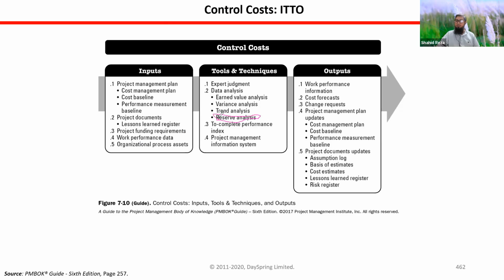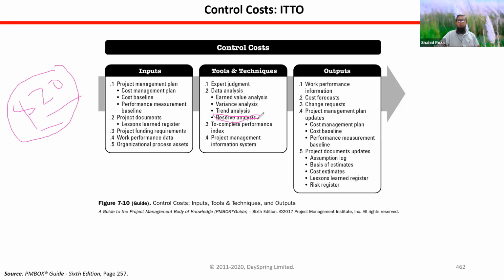Reserve analysis. You have kept contingency reserve for all work packages, for all activities, whether that reserve is still okay or not. Do you need more money? Or for example, you have kept $20 for one activity, but that risk, that uncertainty, that adverse situation did not happen, and you have saved $20.